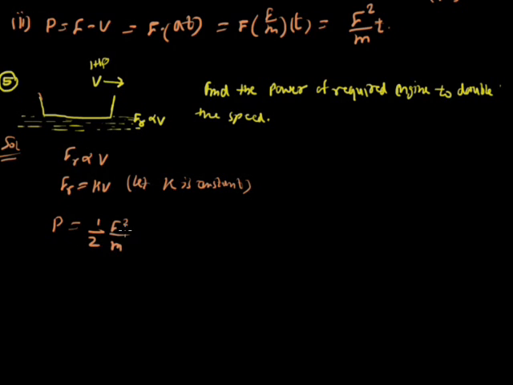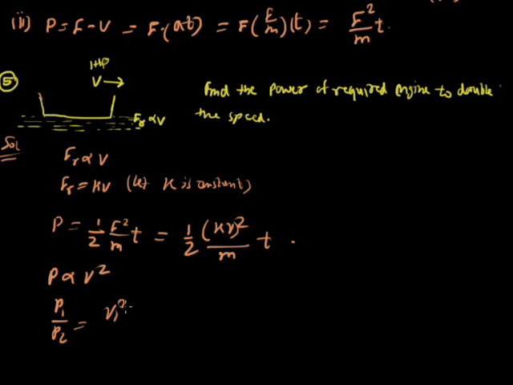So power is, this would be half kV square upon m into t. Now we can find that power P is proportional to V square. So P1 upon P2 equals V1 square upon V2 square.